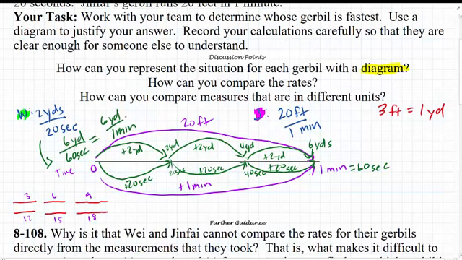In other words, we actually could have just multiplied 6 times 3, right? Because each of them is 3 feet. So we could say that that's actually 18 feet in 1 minute, whereas J's gerbil goes 20 feet in 1 minute.